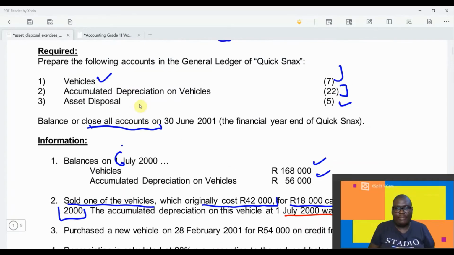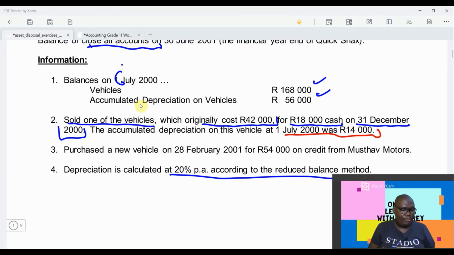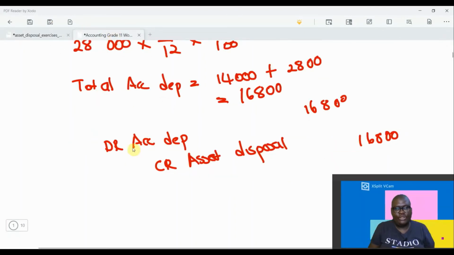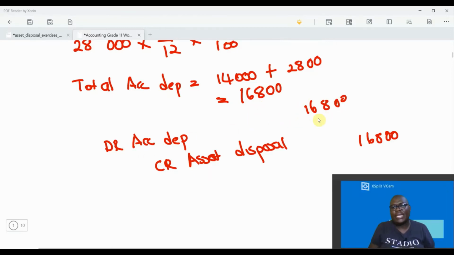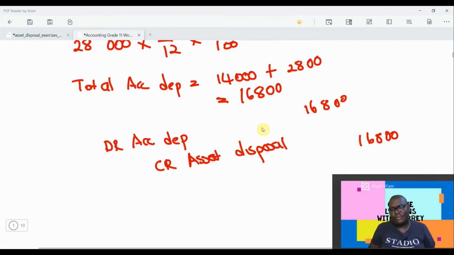So it's not that bad. So we said on our calculations that we're going to debit accumulated depreciation. The account that's supposed to be credited is the asset disposal.